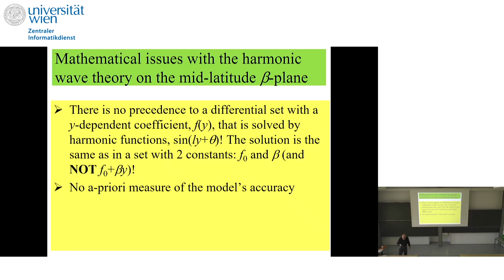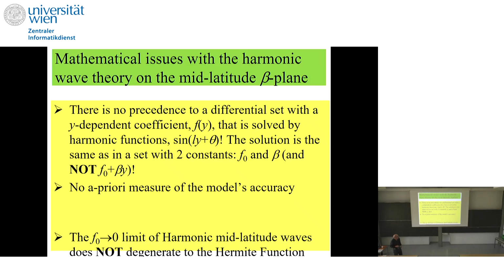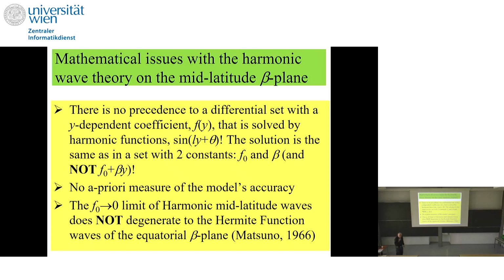nothing more than that. A somewhat more subtle issue that has to do with the derivation of these waves in the classical books is the fact that if you take f0 to be 0, and that can be easily done by moving our plane to the equator. There's nothing special about placing our tangential plane, say at 45 or 30 degrees latitude or 60 degrees latitude.